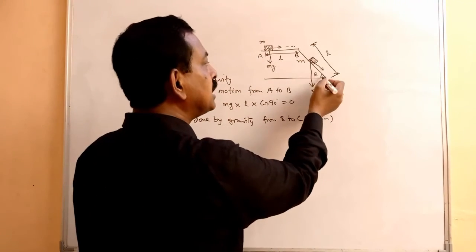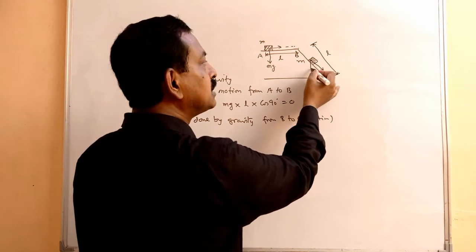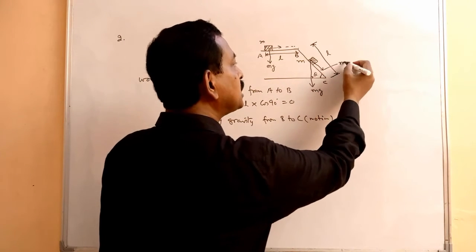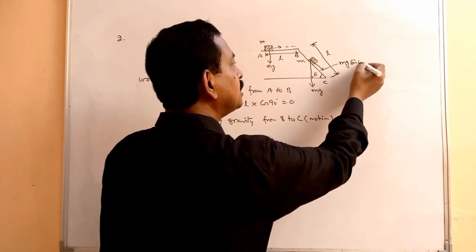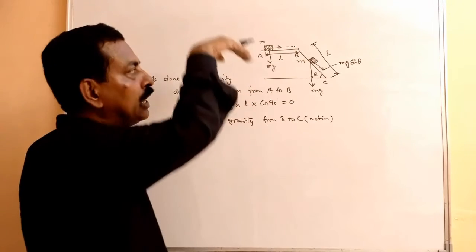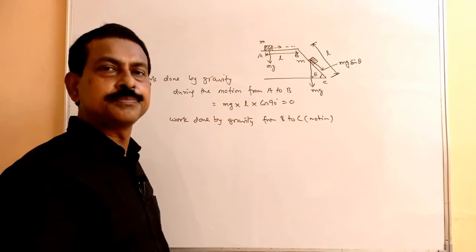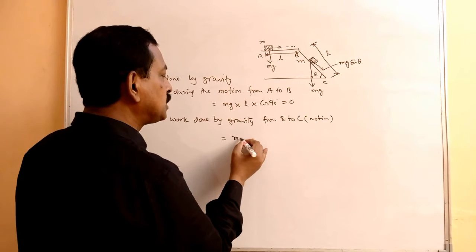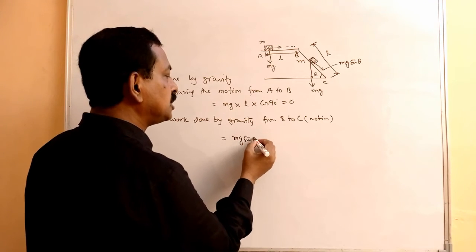If you consider, if this angle is theta, it is 90 minus theta because this will be 90. So this component will be how much? It will be your mg sine theta. This is the component of the weight along the inclined plane. So now here the work done will be equals to how much? Mg sine theta.